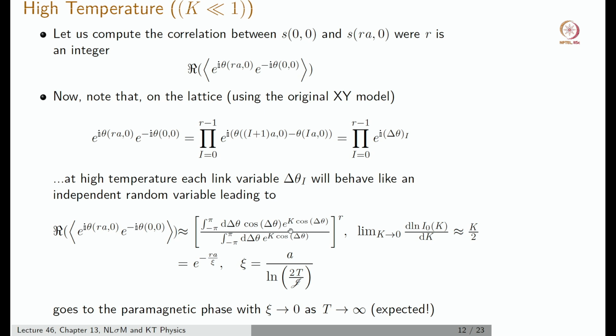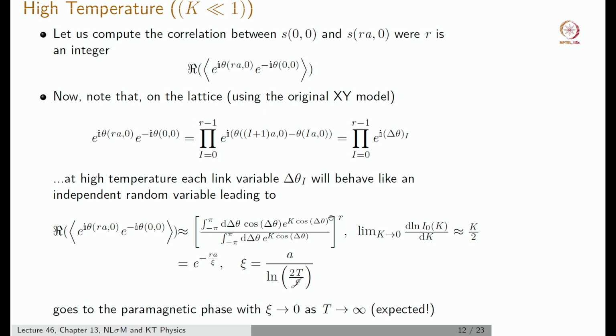Because the probability goes as e to the K cosine theta, from the first slide, the sine part of this will die because that's an odd function, and I'll just end up with cosine of delta theta. This is a bit of algebra, so you will see that when you do this integral, it will turn out to be some Bessel function, and so you take the log of some Bessel function, and if you work this out as K goes to 0, this will turn out to be K by 2.